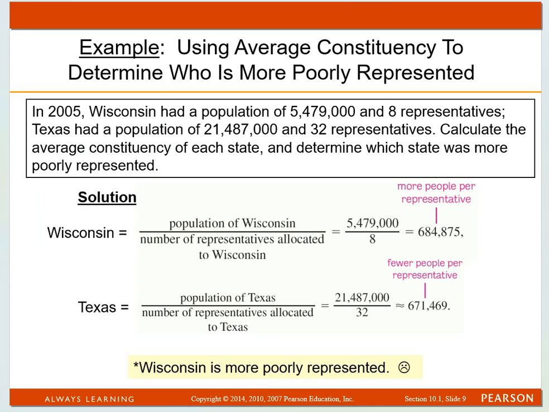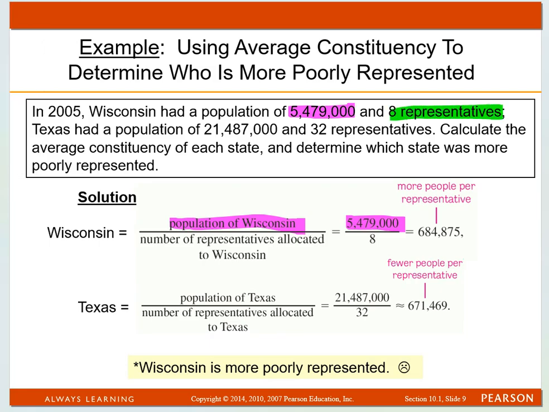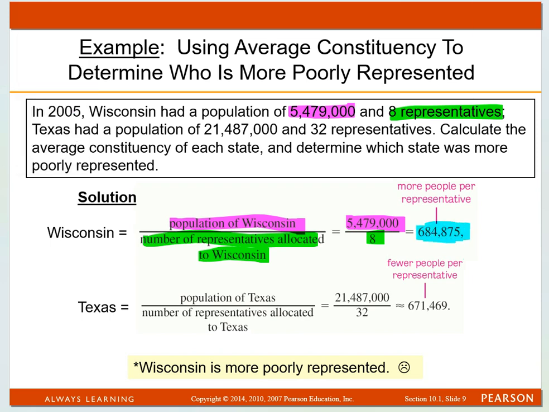So, for example, in the year 2005, Wisconsin had a population of 5,479,000 people, and they had 8 representatives. So you take the population of Wisconsin, that's this number right here, and you divide it by the number of representatives allocated, that's 8. When you're done, you get this number.